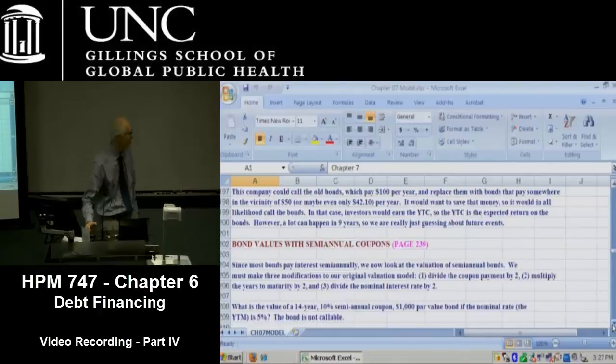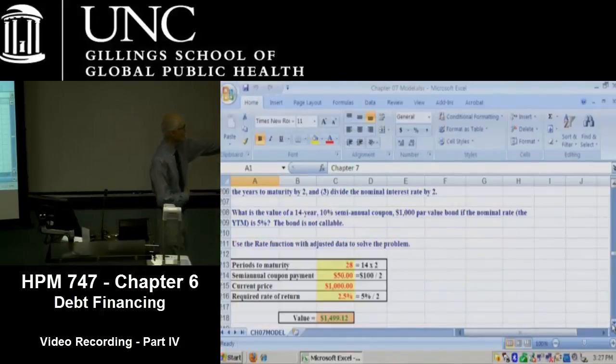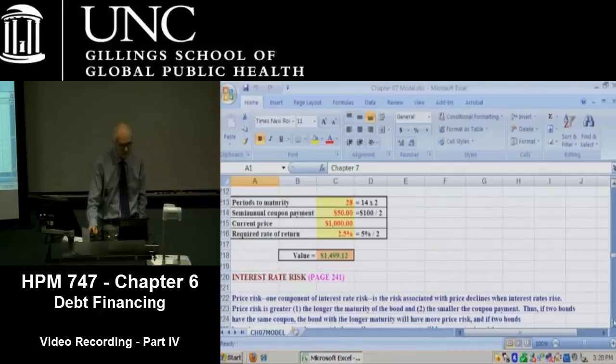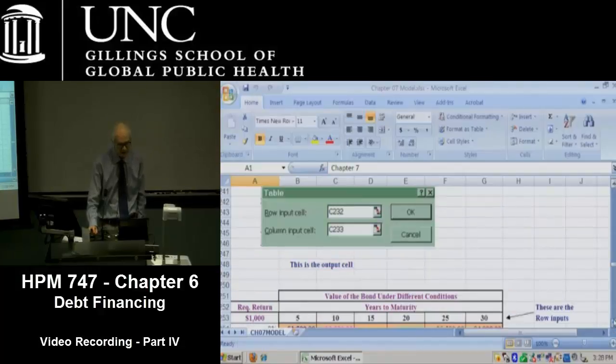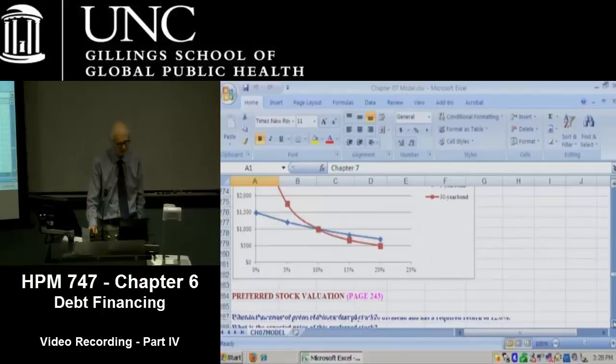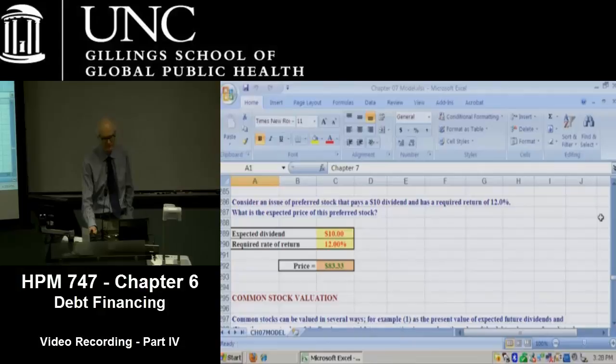Semi-annual coupons, essentially what I just did a minute ago, where you multiply the number of periods times 2, you divide the coupon payment by 2, and that gives you the value of the bond. And this interest rate risk example is used as well to show you that long-term bonds have greater price risk than short-term bonds. And that's all I want to cover in there.